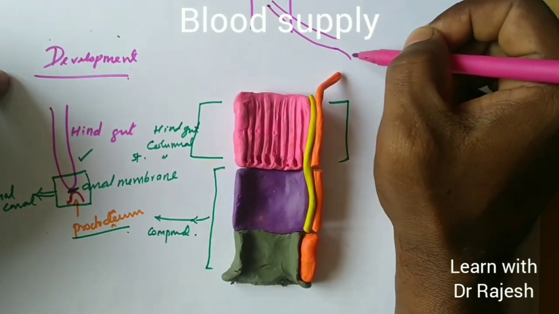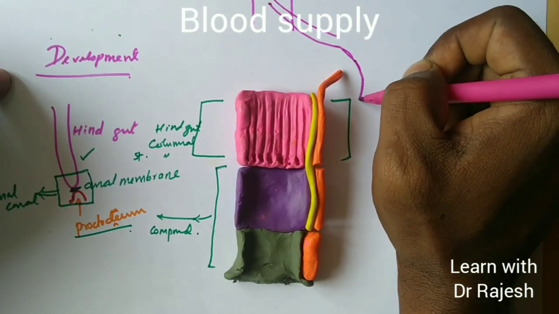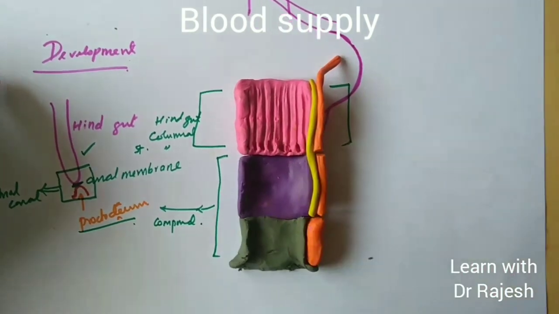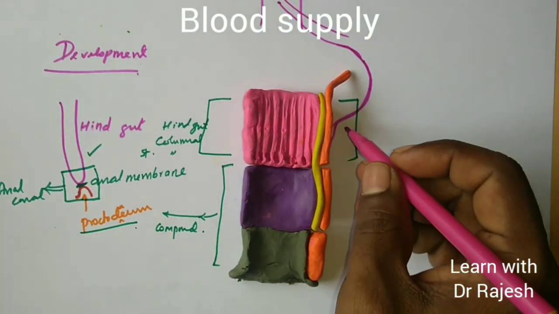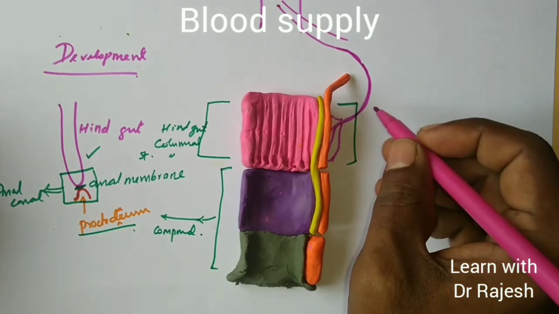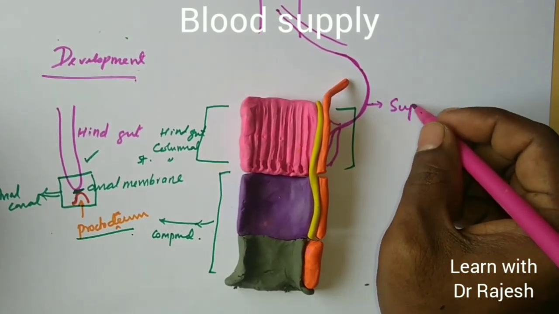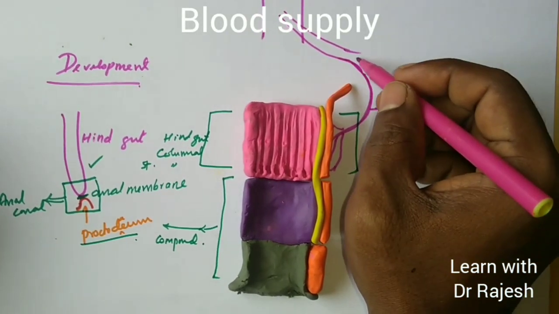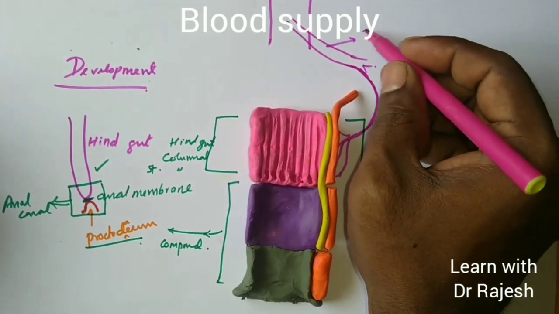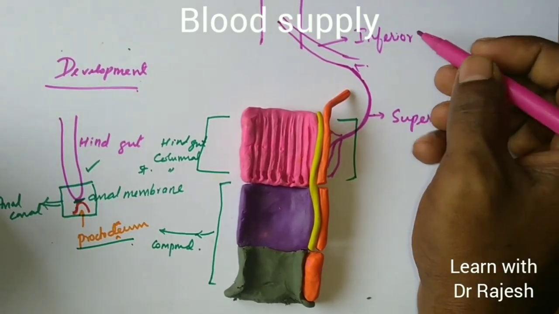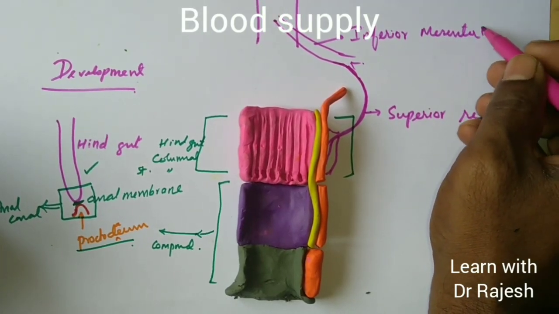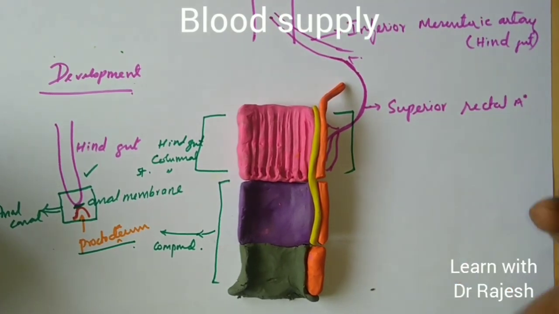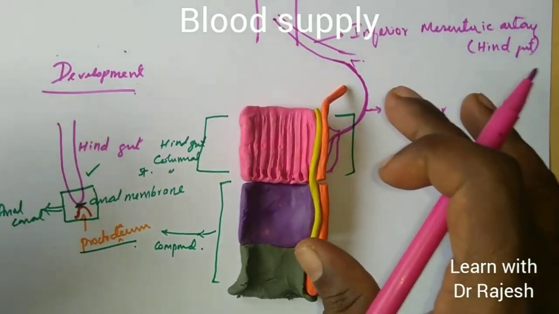The terminal end of the inferior mesenteric artery is the superior rectal artery, the artery of the hindgut, which is going to supply the upper part of the anal canal.